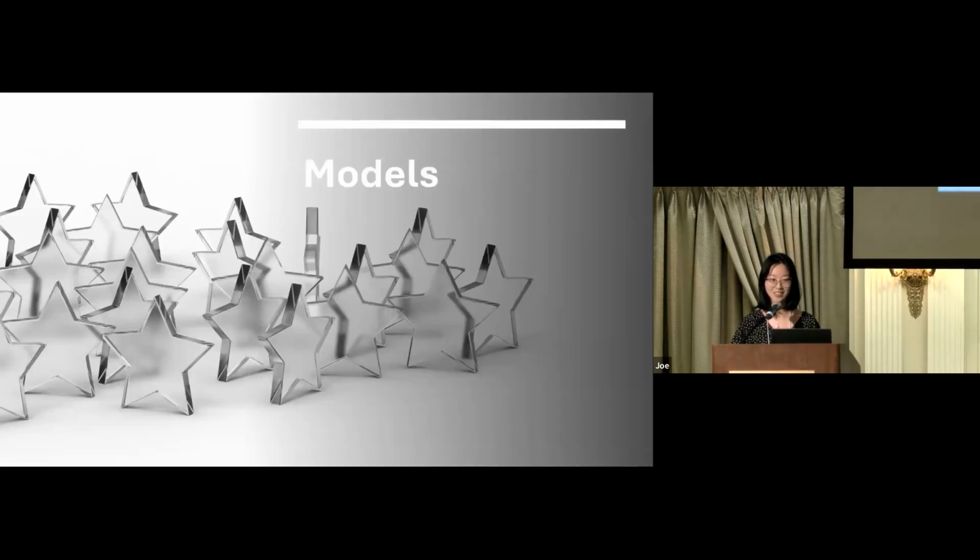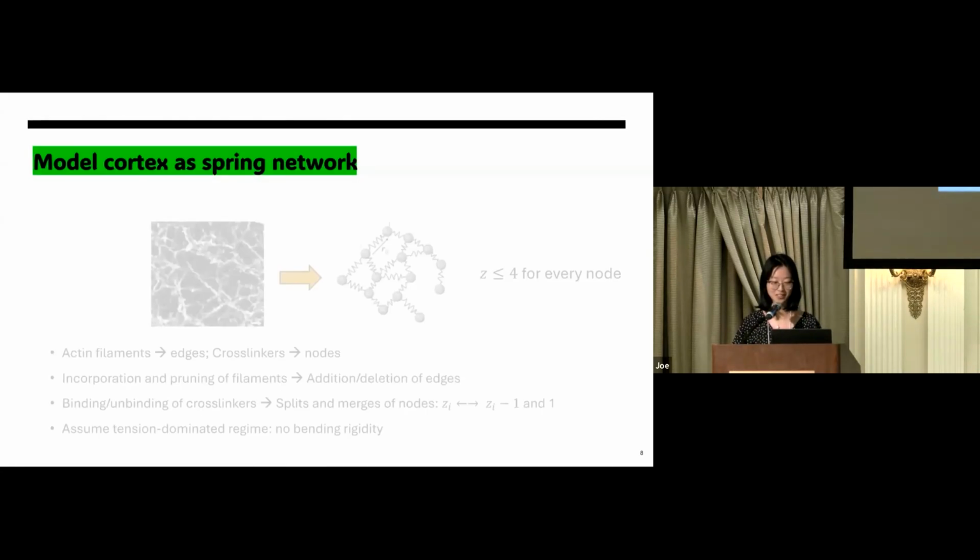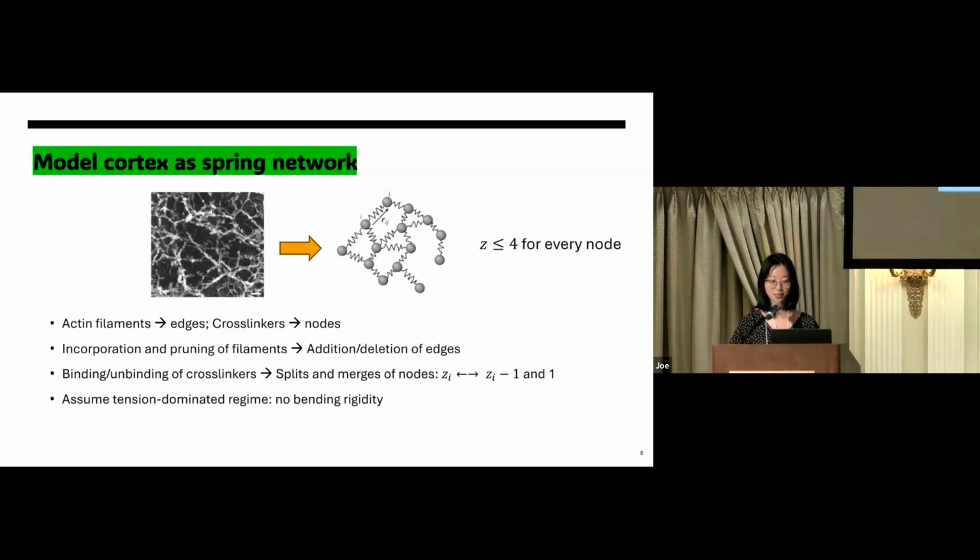All right, so here's some description of this model. We are modeling the cortex as a spring network. Each actin filament is modeled as an edge that is a Hookean or harmonic spring, and each crosslinker is modeled as a node that binds the filaments together. The incorporation and pruning of filaments is modeled by addition and deletion of edges.